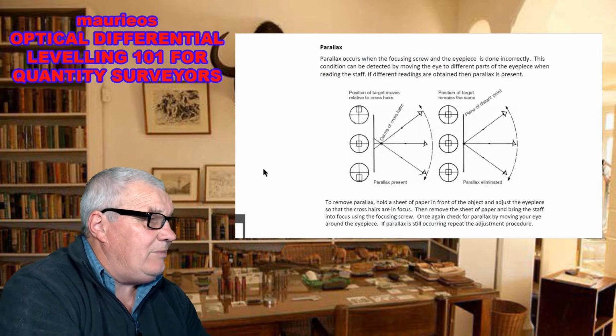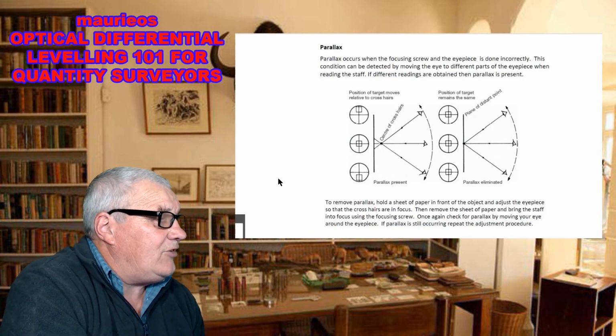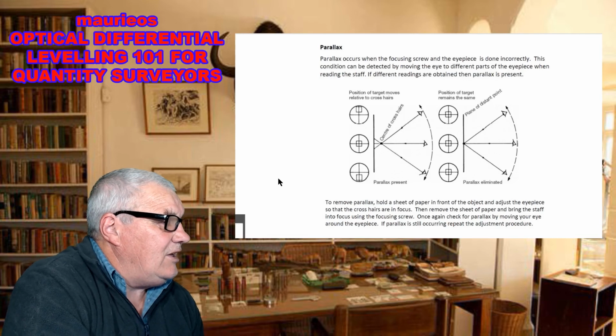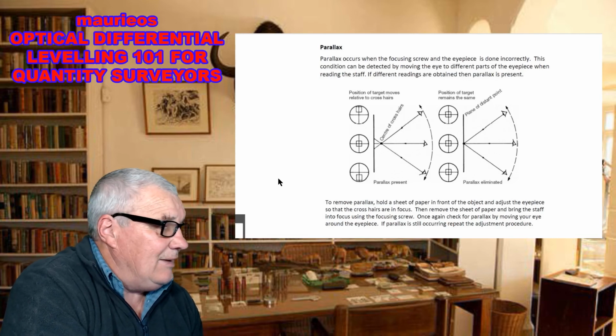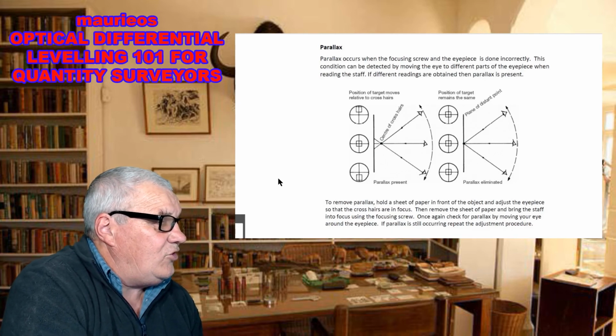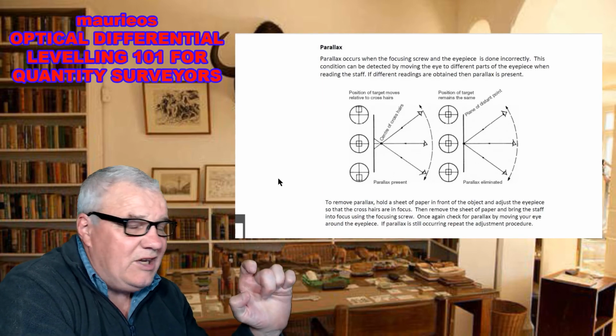Now, it's very important that parallax is eliminated. Parallax occurs when the focusing screw in the eyepiece is done incorrectly. So it's the diagram on the left where the parallax is present. It is detected when you move your eye and the reading changes.